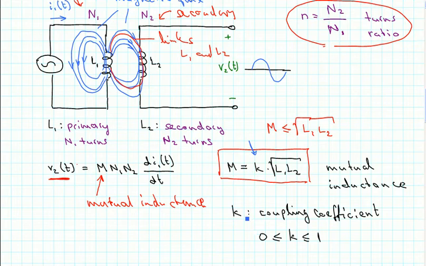Okay, the coupling coefficient has to be between 0 and 1, as shown here. And a good transformer will have a K that's very close to 1. In fact, typical values for large transformers in power distribution come close to something like 0.98 or 0.99. And an ideal transformer would have a coupling coefficient of 1.